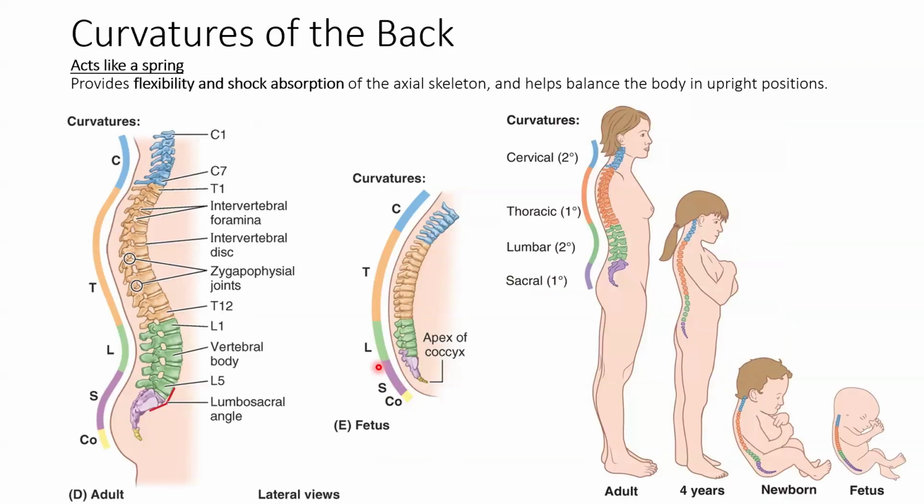So the spine, in a healthy individual, is not a stick straight rod. There are curvatures of a healthy back, and that allows the spine to act like a spring and gives our spine stability while also allowing it to be flexible and absorb the shock that goes through our thorax and our trunk as we walk or move things and just go about our daily activities.